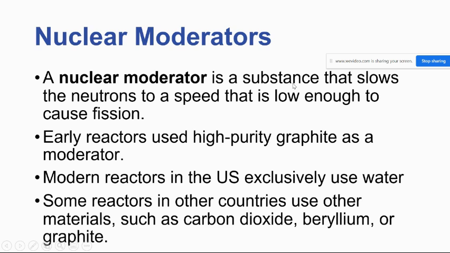Nuclear moderators then is a substance that's going to slow those neutrons down. They used to use graphite, like is in your pencils, as a moderator, but now they usually use just water. Some reactors in other countries then also use these items.